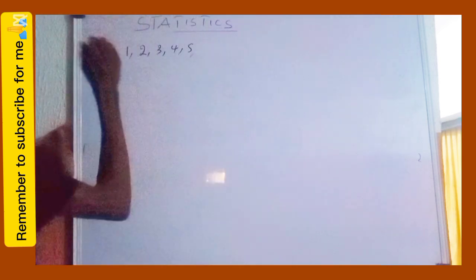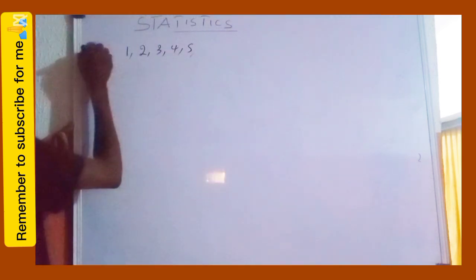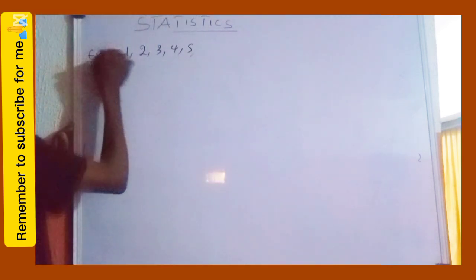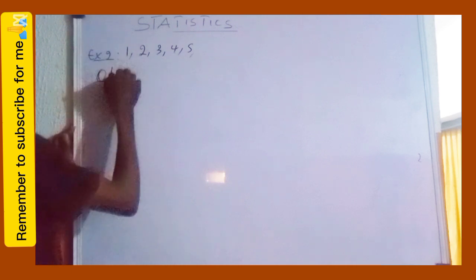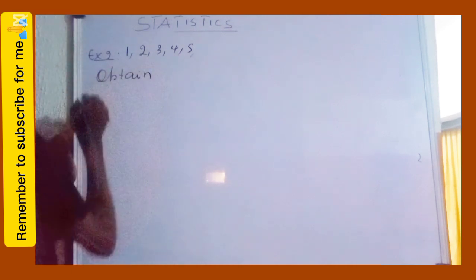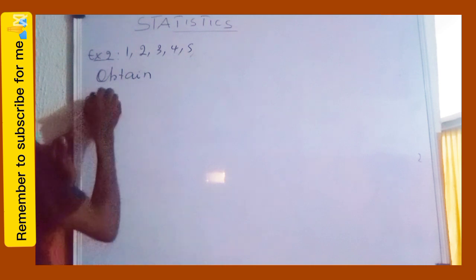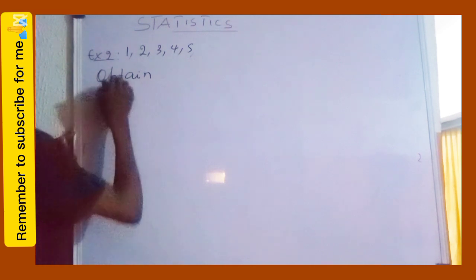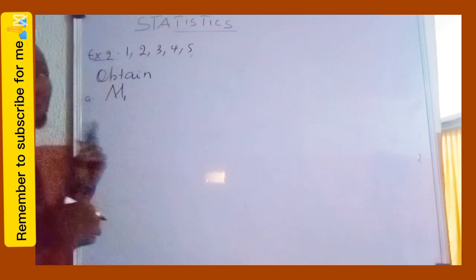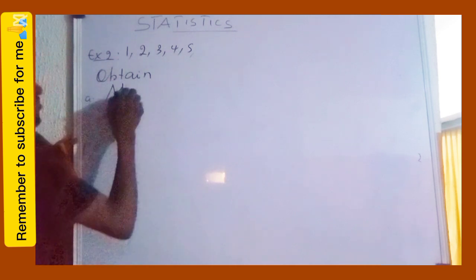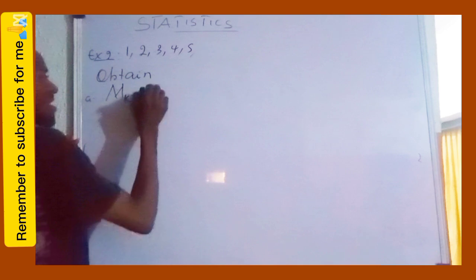The question they ask us to do is, using this observation, this example 2. Using this question, they say obtain number A: I have M1, or let me put M_K when K equals 1.